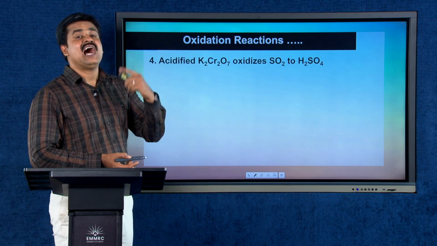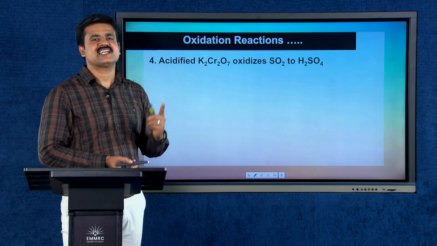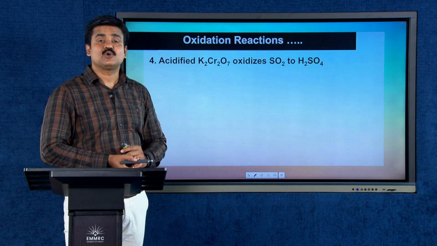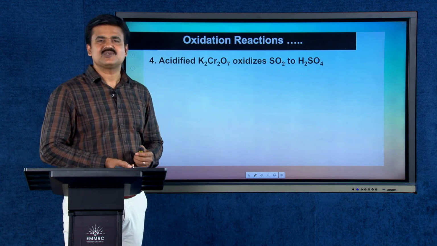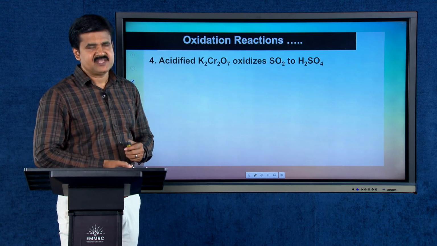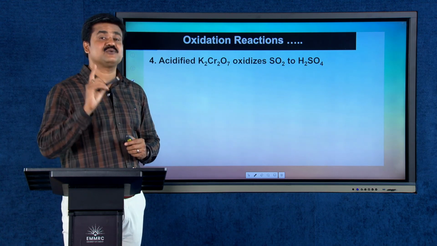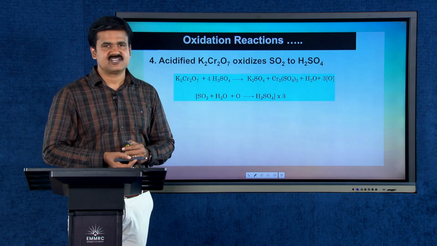Now, another oxidation reaction shown by acidified potassium dichromate is here, that is, it oxidizes SO2 to H2SO4. SO2 is sulfur dioxide, H2SO4 is sulfuric acid. This simply means that acidified potassium dichromate can oxidize sulfur dioxide to sulfuric acid. This is the expression responsible for that oxidation reaction.